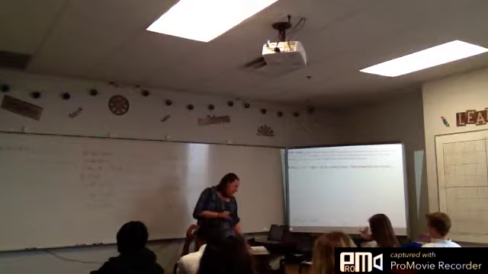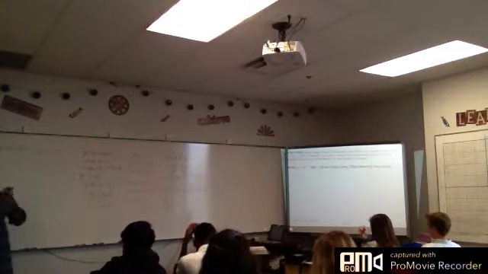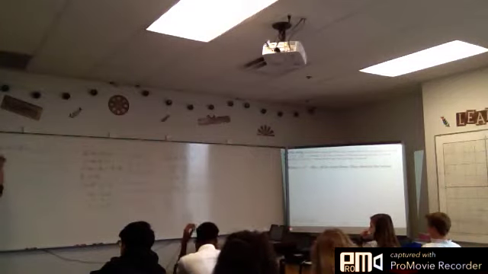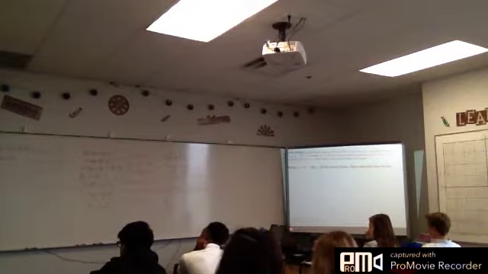Okay? So, here's the deal. We have the form y equals x squared minus 10x plus 22. I can't get rid of y, because it's part of an equation. So I'm going to have y plus or minus something equals x squared minus 10x.